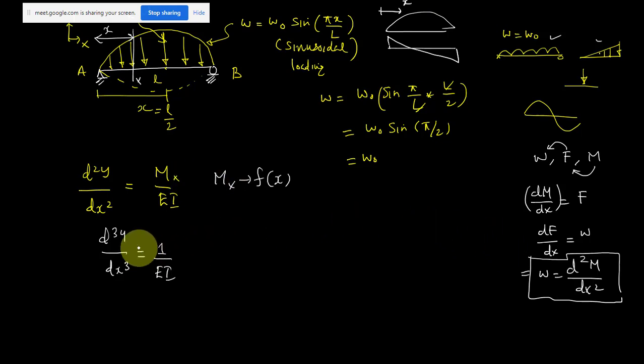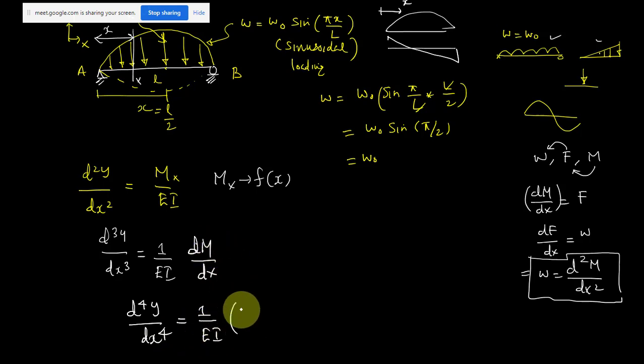So if you take the first derivative with respect to x, d cube y by dx cube is equal to 1 by EI into dM by dx. If you take the derivative again, you will get d raised to 4 y by dx raised to 4, equal to 1 by EI into d square M by dx square.